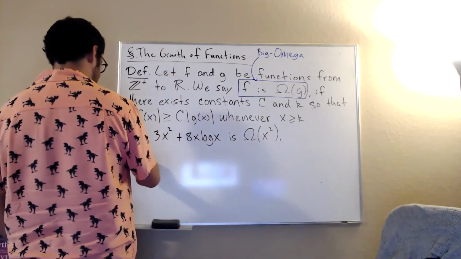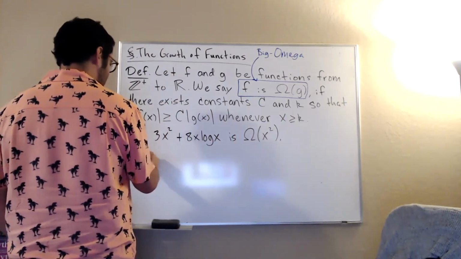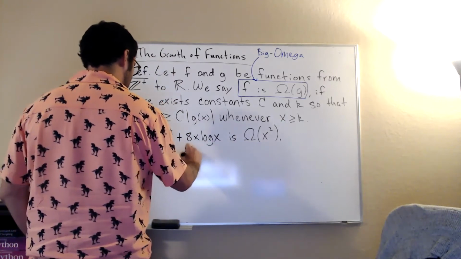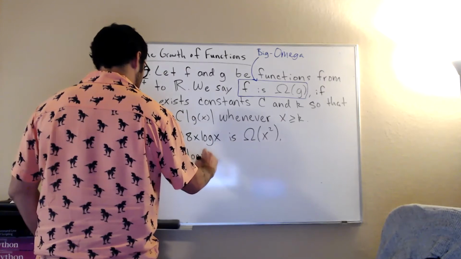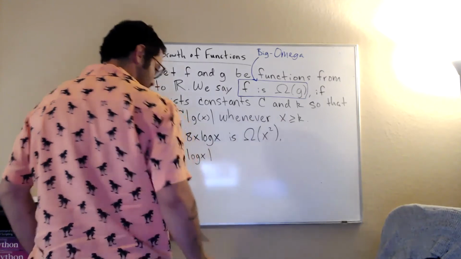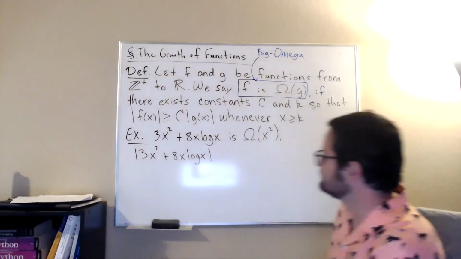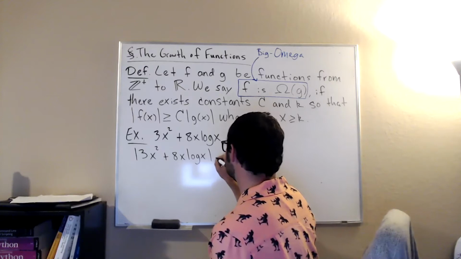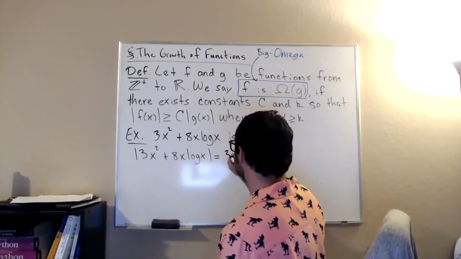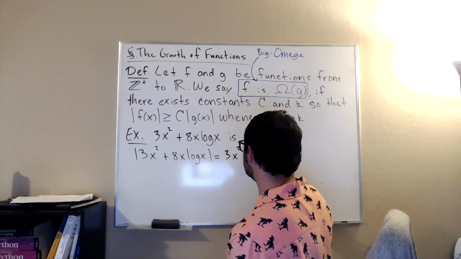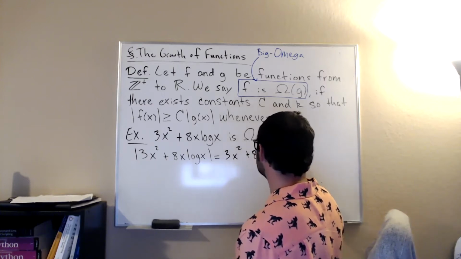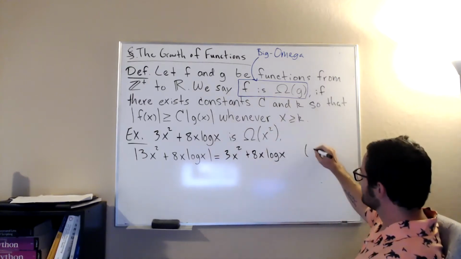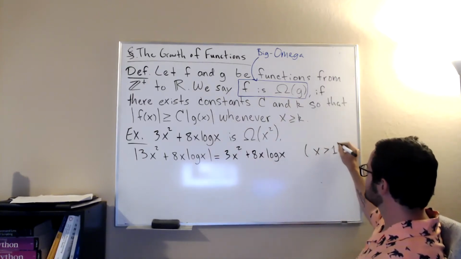So to show that, let's just take the absolute value. Okay. Now, if x is greater than 1, this is going to be positive. This is equal to 3x squared plus 8x log of x, when x is greater than 1.